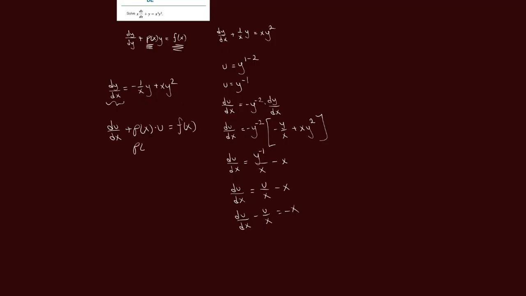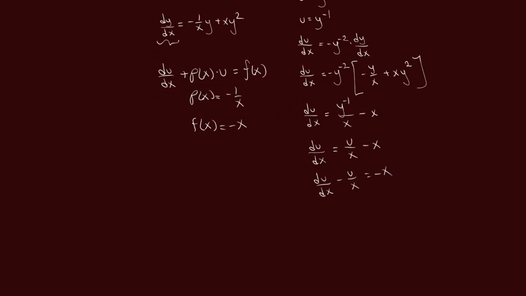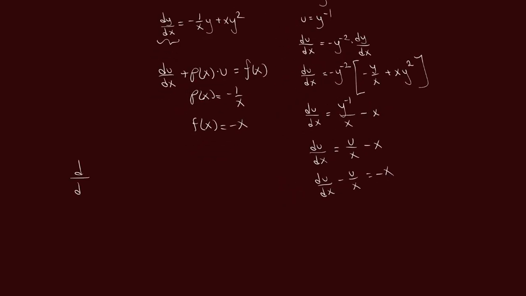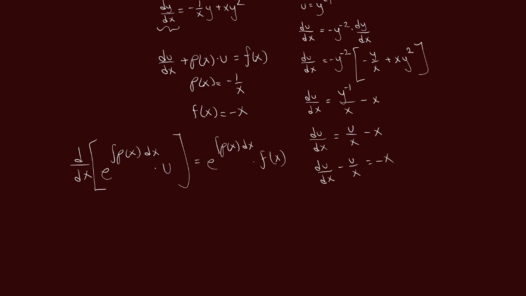So p of x is equal to minus 1 over x, and f of x is equal to minus x. So we're going to use the following formula, but instead of y, we're going to use u. And then plug in p of x and f of x into everything.